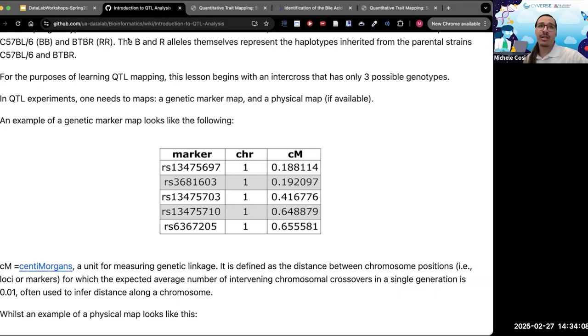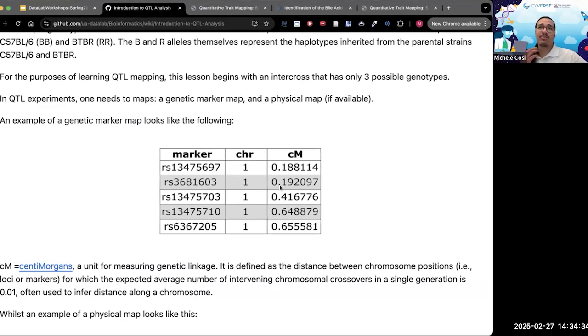The higher the centimorgan, the more likely the 2 markers or the 2 genes are going to be separated during recombination, whilst a low centimorgan means the two are likely to be moved together. Here a centimorgan is 0.18, which is very low, meaning that they're likely going to be moving together.